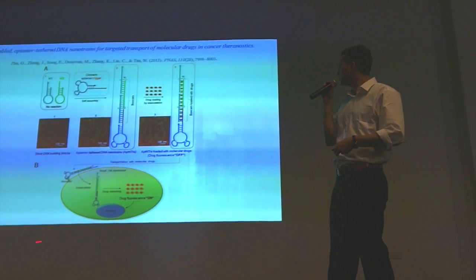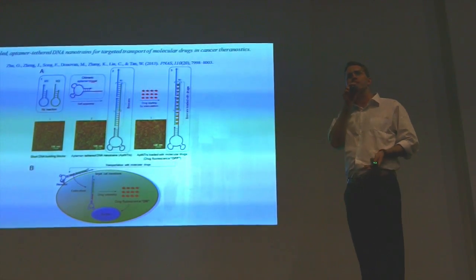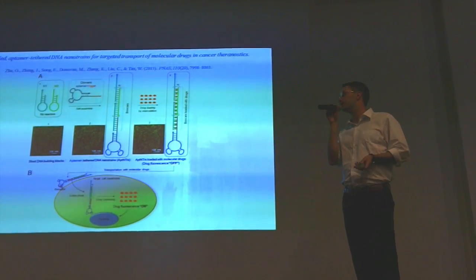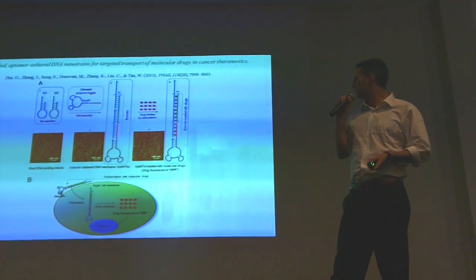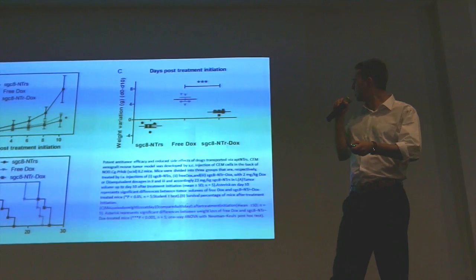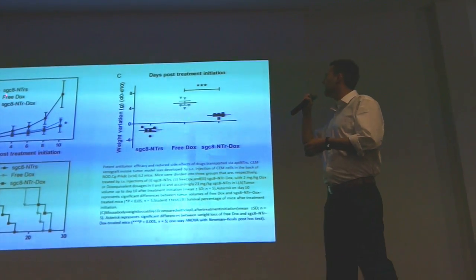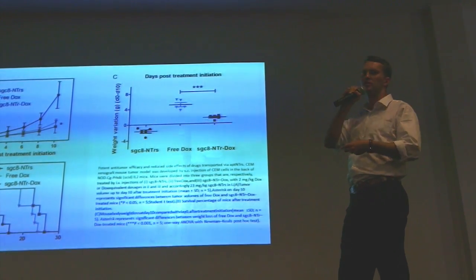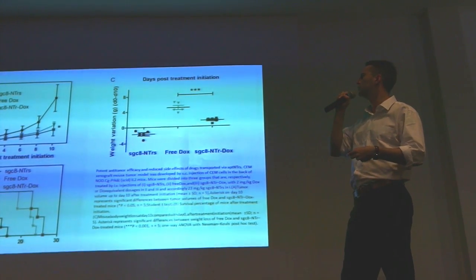We subjected these to testing, and we're still at the beginning stage of this, so we have a mouse model, and it worked pretty well. Now, these are some of the results. We have the SGC8 nanotrains, free dox, and SGC8 nanotrain dox.